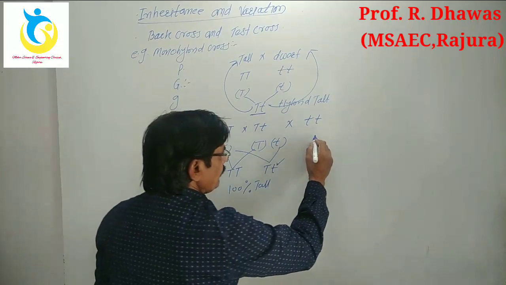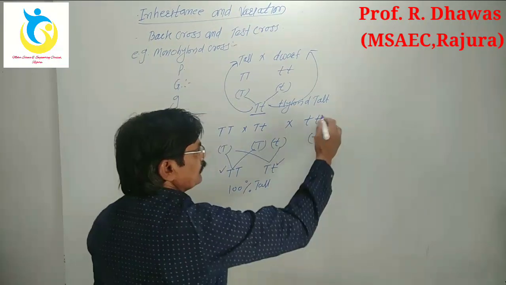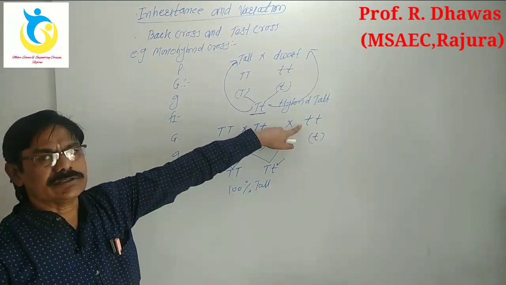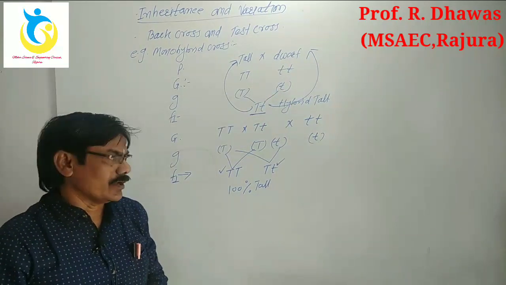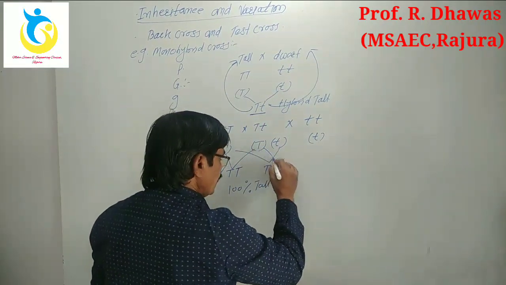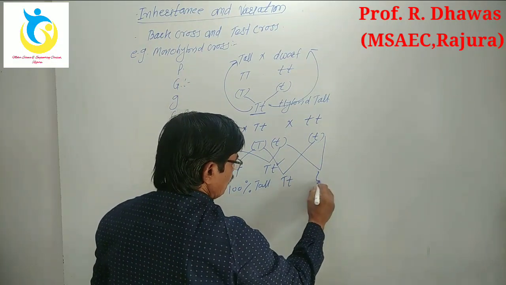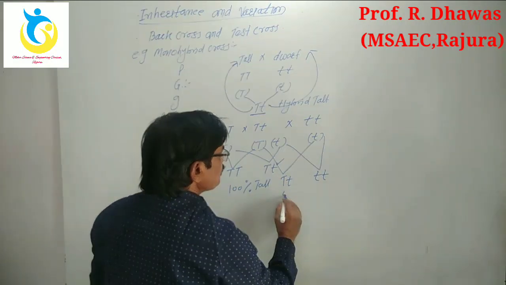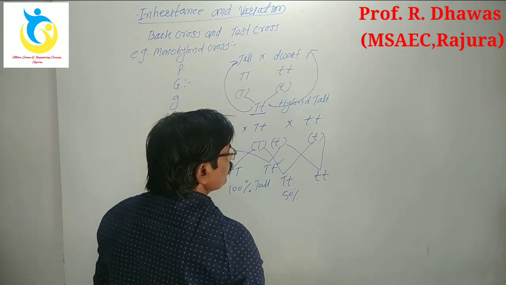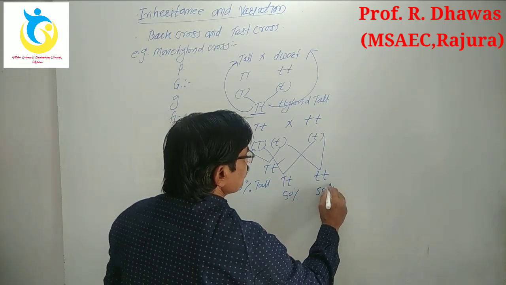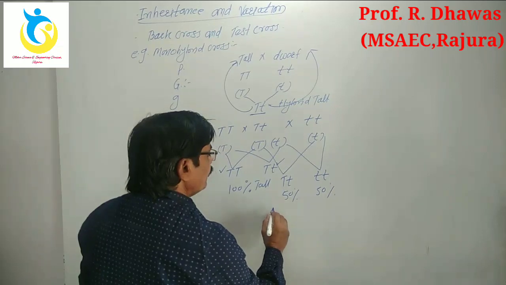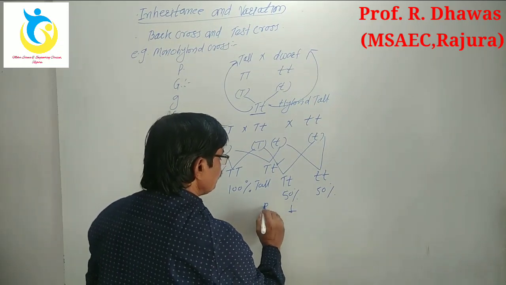As you see, the gametes of the recessive parent are of one type because of the homozygous nature of the recessive dwarf character. Now, as here the chance combination of capital T, small t means 50% is tall and 50% is dwarf. This means the ratio is 1:1.